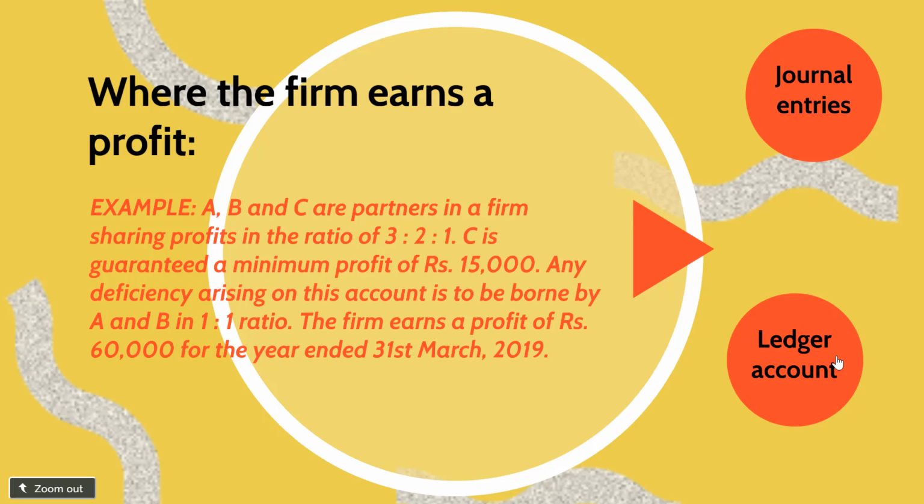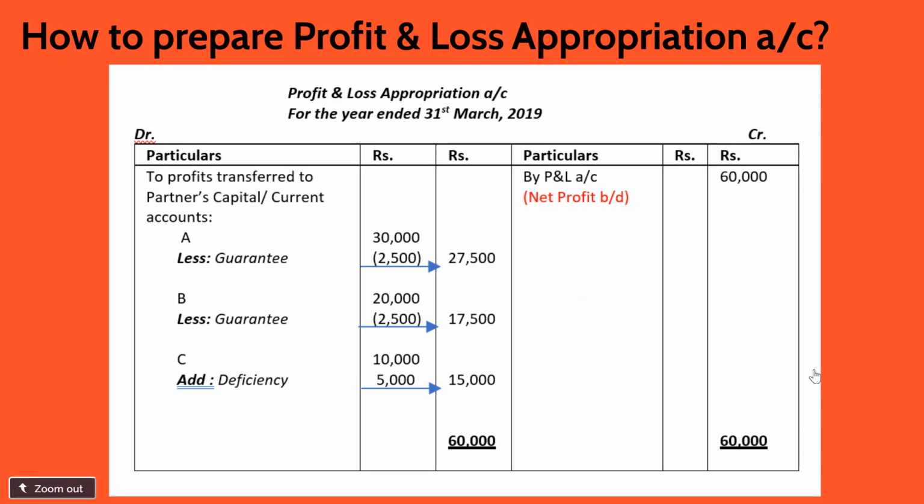Next, let's check out the ledger account that needs to be prepared. The ledger account that needs to be prepared is the profit and loss appropriation account for the year ended 31st March 2019. On the credit side, the net profit is brought down, rupees 60,000.